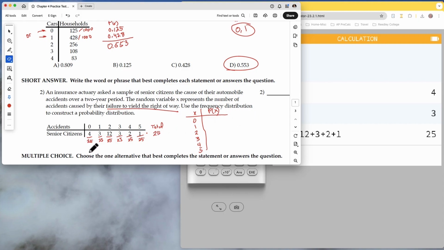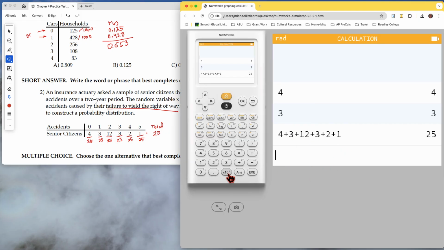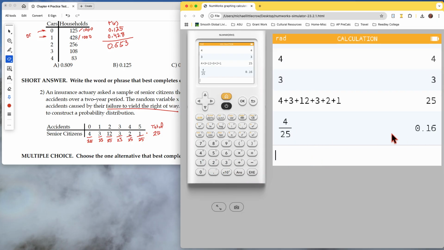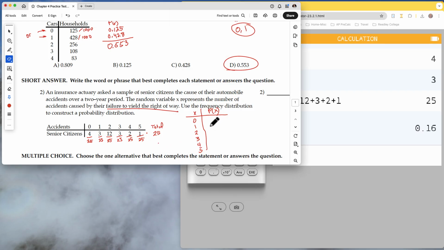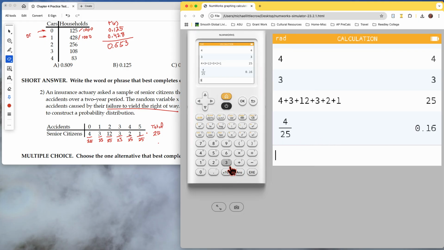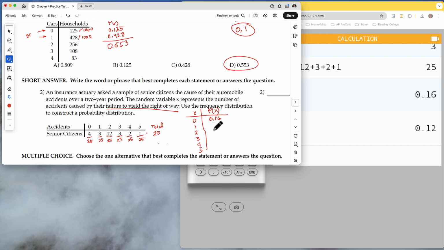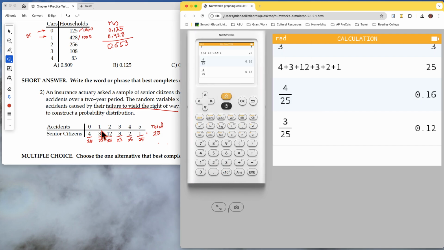And we could use these fractions, or at least the reduced fractions would be nice, but we could also go ahead and take 4 divided by 25. That's 0.16. 3 divided by 25, 0.12. 12 divided by 25. That's 1/2 or 0.5.